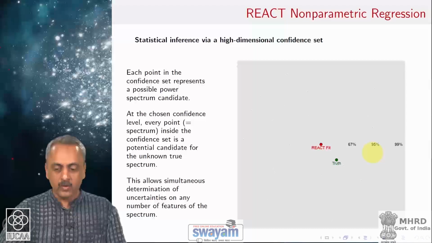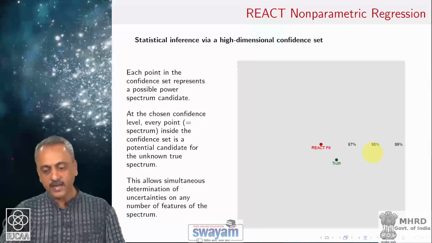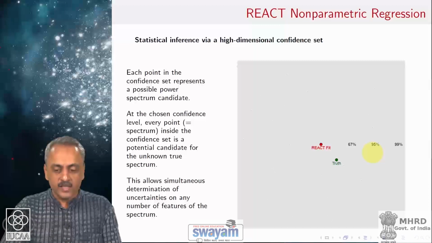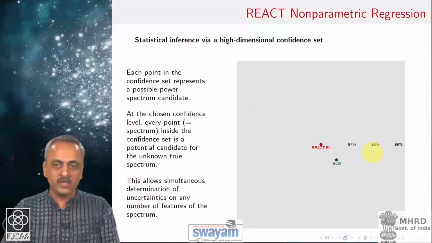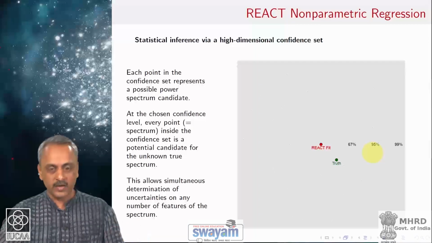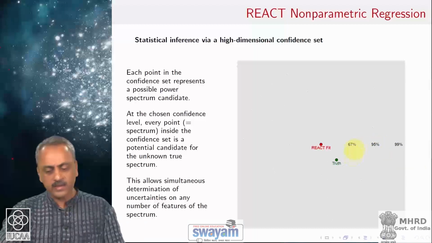If you want 100% confidence, the entire space of these power spectral fits will have to be included there. This is just saying that at 100% confidence, the unknown truth is somewhere inside this space. So, that is not really giving any information at all. So, people typically work at 67 or 95% confidence.